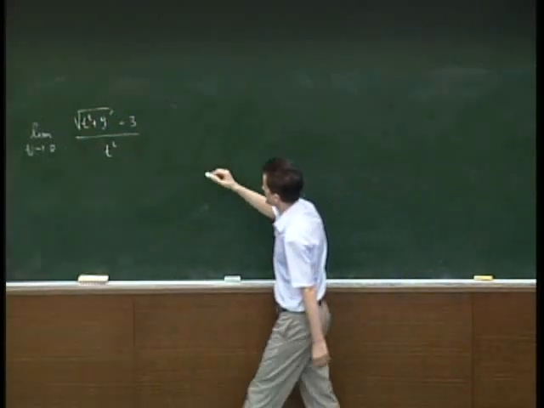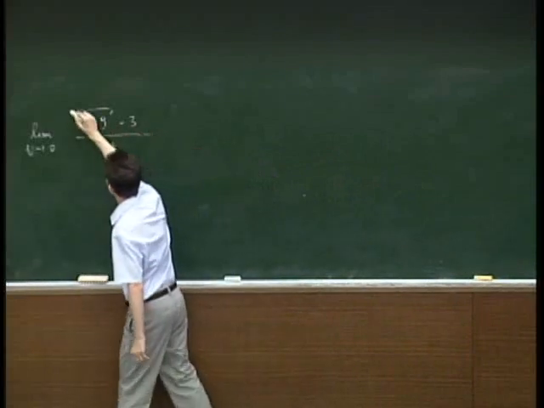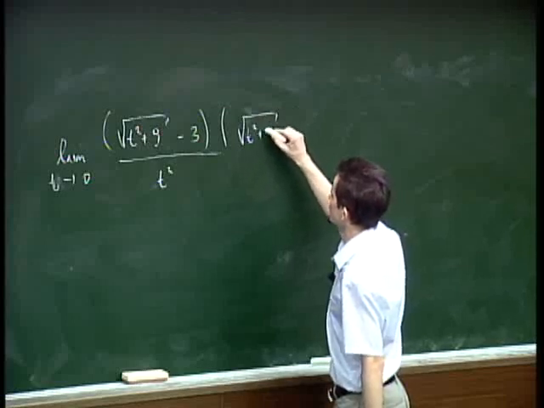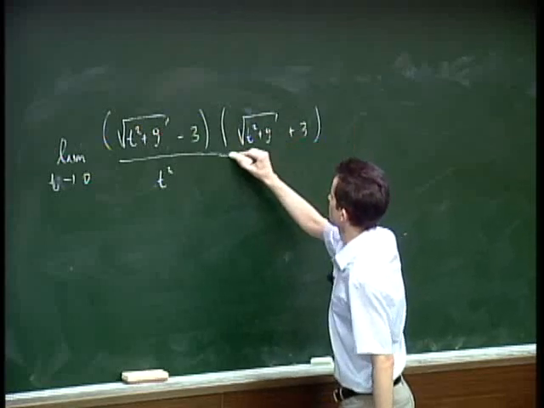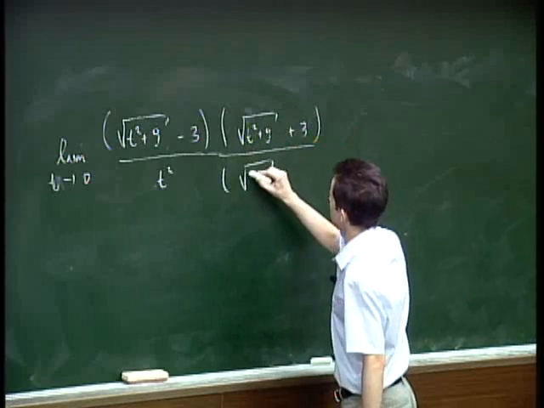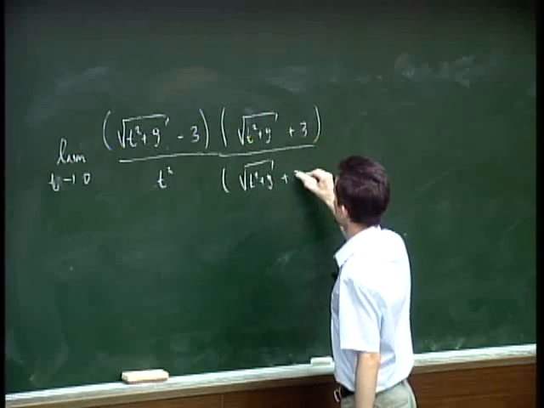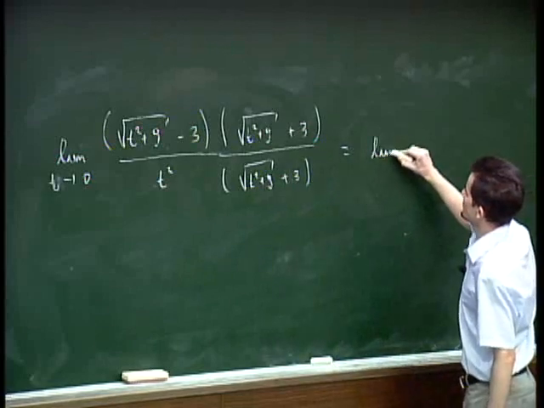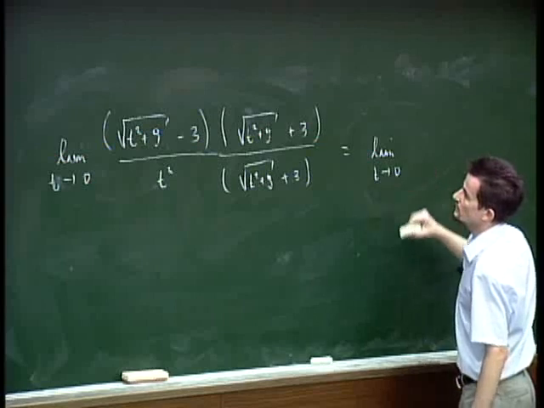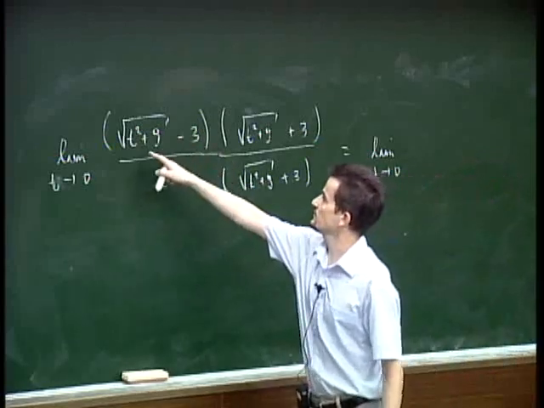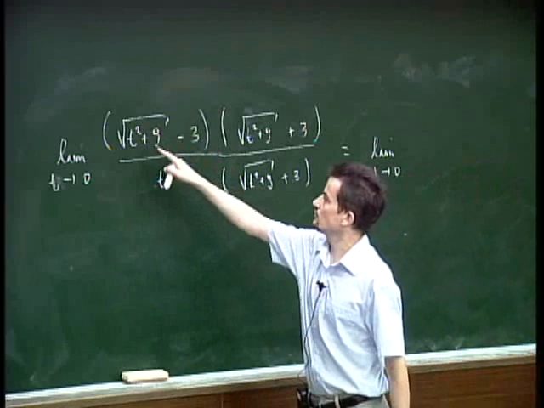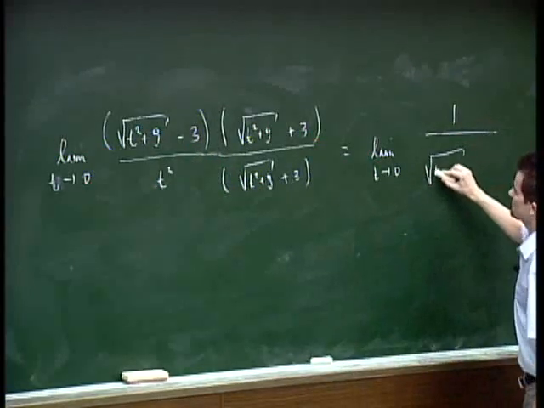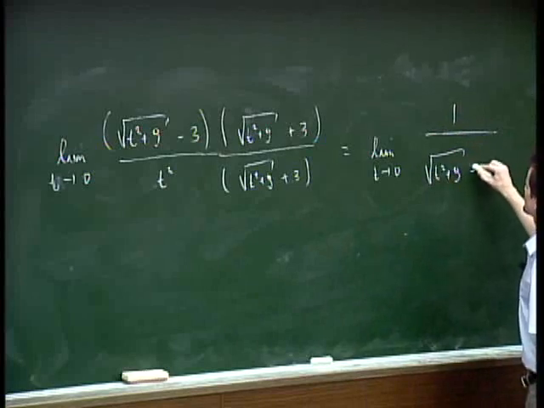Okay, so now you know already the main trick from high school. What we do is we multiply the numerator with the square root of t squared plus 9 plus 3, and do the same for the denominator. Now you get that this is the limit as t tends to 0. The numerator becomes t squared, and we can cancel this with the t squared here. So we get 1 over the square root of t squared plus 9 plus 3.